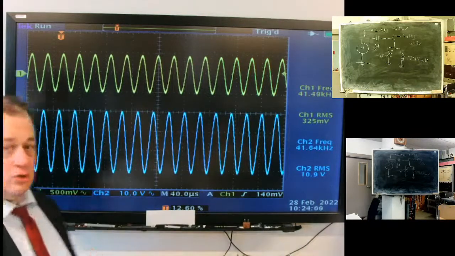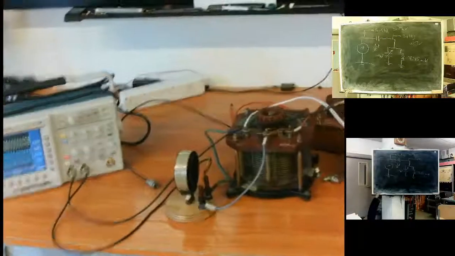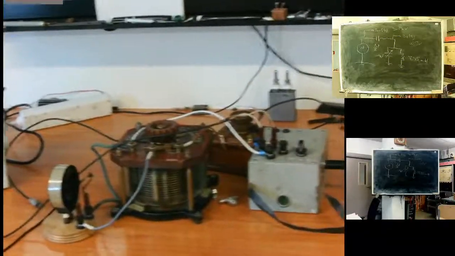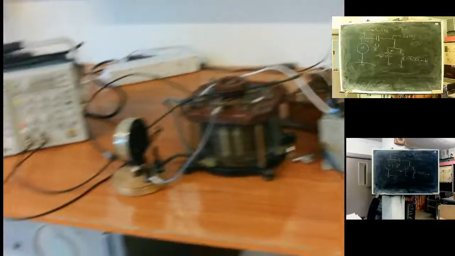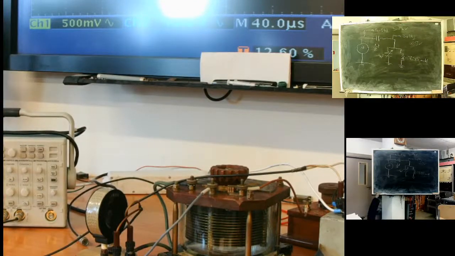No energy sources. One second, I'll bring the camera. Here it is, my circuit. Coil.